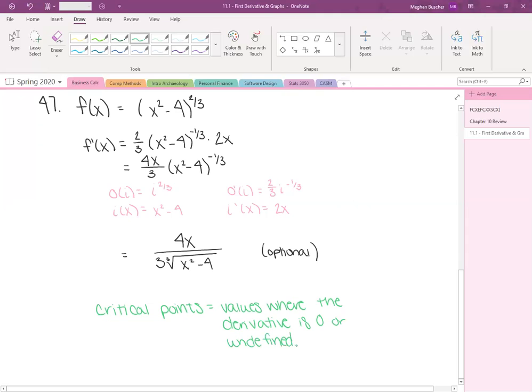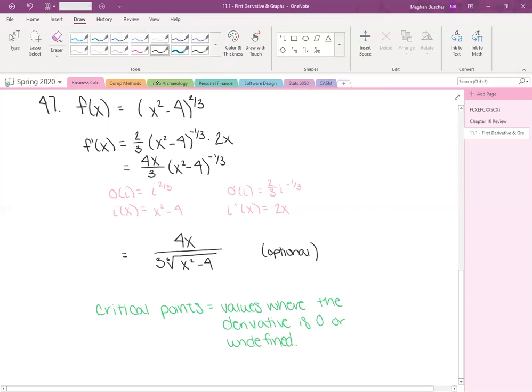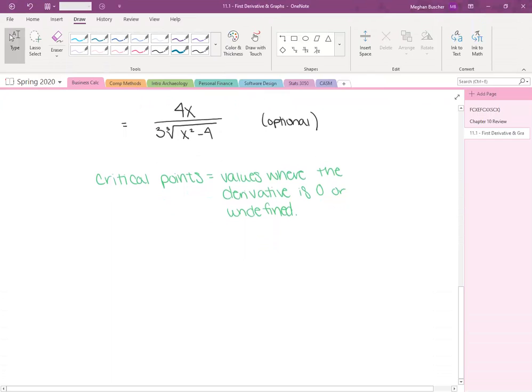Exactly. Critical points, values where the derivative is 0 or undefined. So to find intervals where the function is increasing and decreasing, we need to find our critical points first.